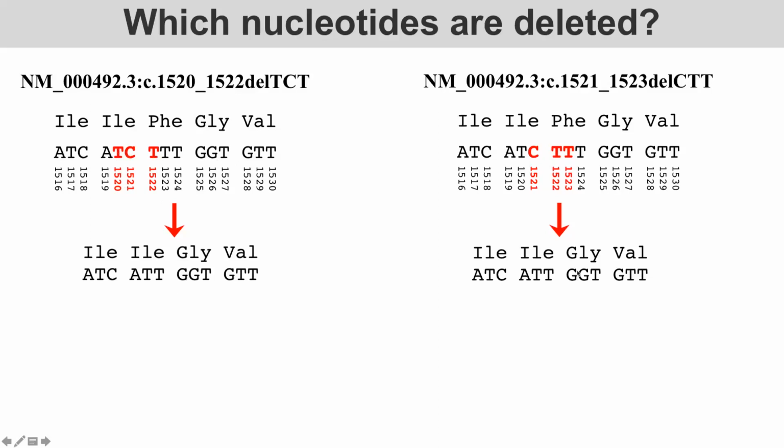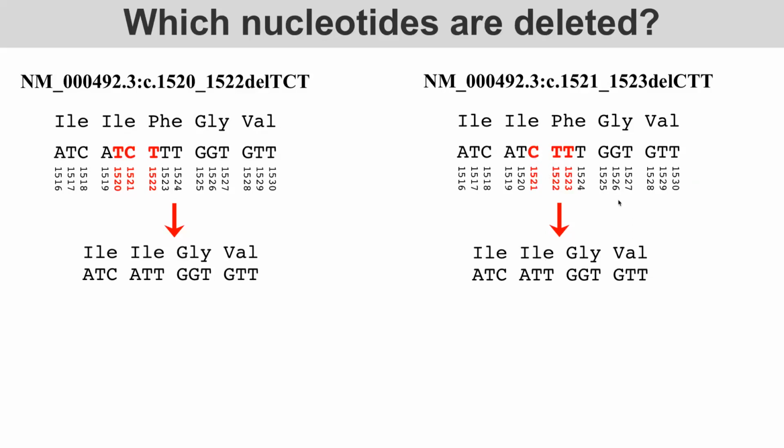However, you would get this same exact sequence if you instead deleted 1521 to 1523, which would be this CTT. So in this case, if you deleted this C, this last base from the isoleucine, this T moves on over to complete this, so it stays again as isoleucine, just like in the other case, and then you get the glycine and valine afterwards. So the question becomes, which one of these do you use to describe this deletion?